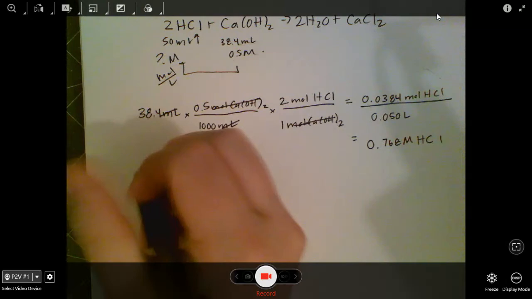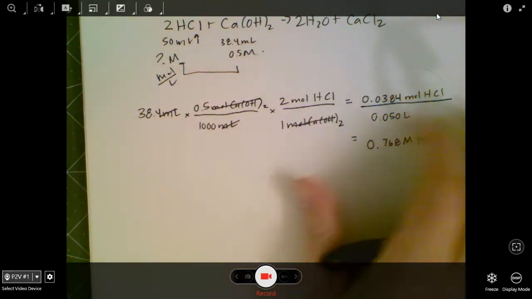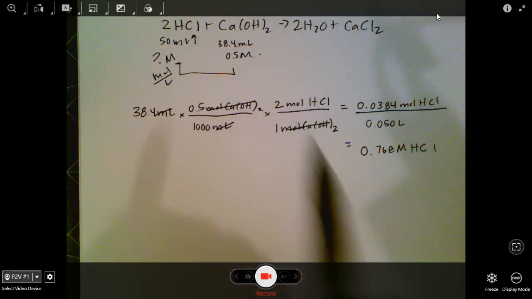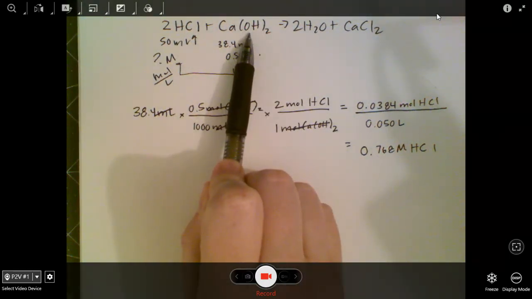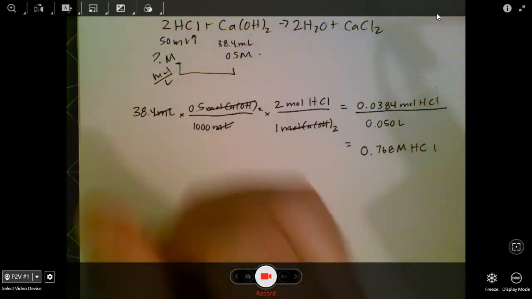Now, the other approach is the M1V1 over N1 approach, and it follows the same balanced equation. With this, you just have to make sure that one chemical is your M1V1N1 and the other one is your 2s. So I'm going to start off with what I know.